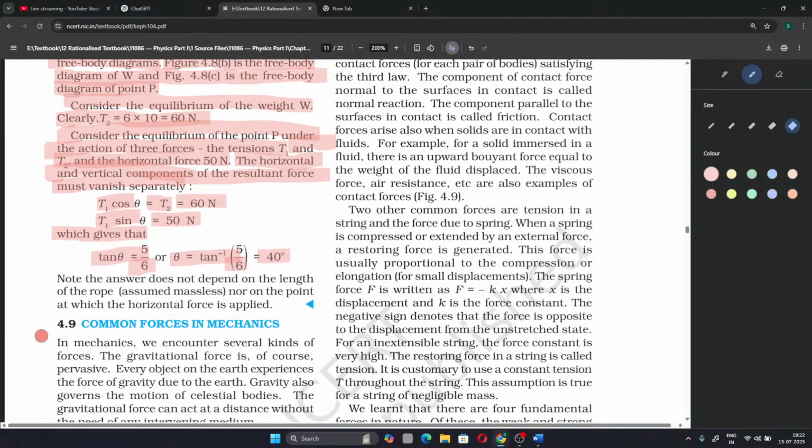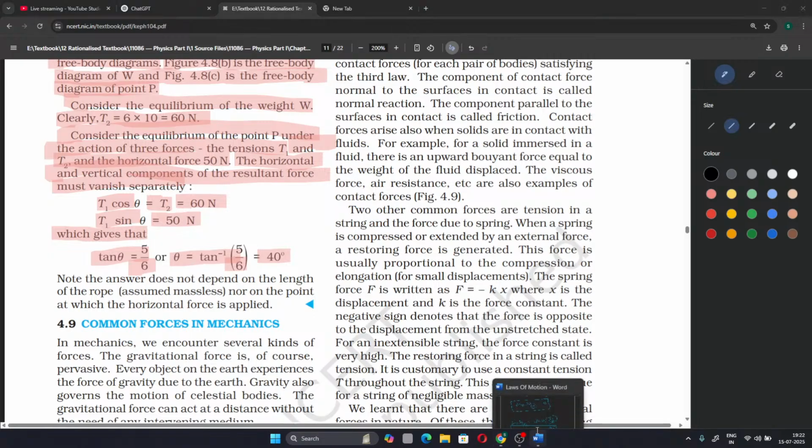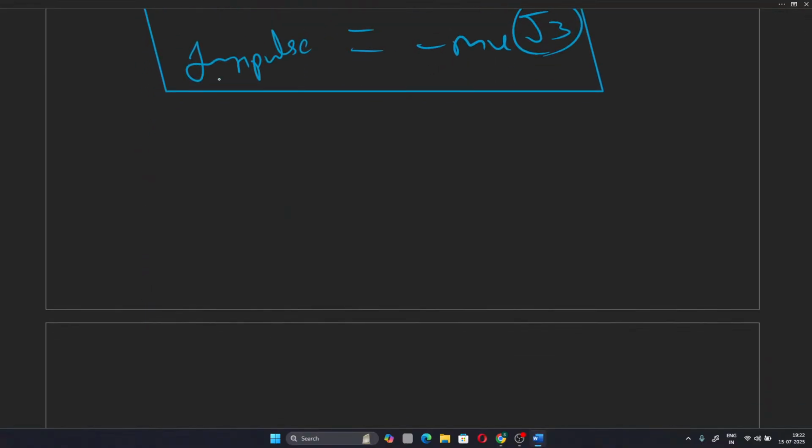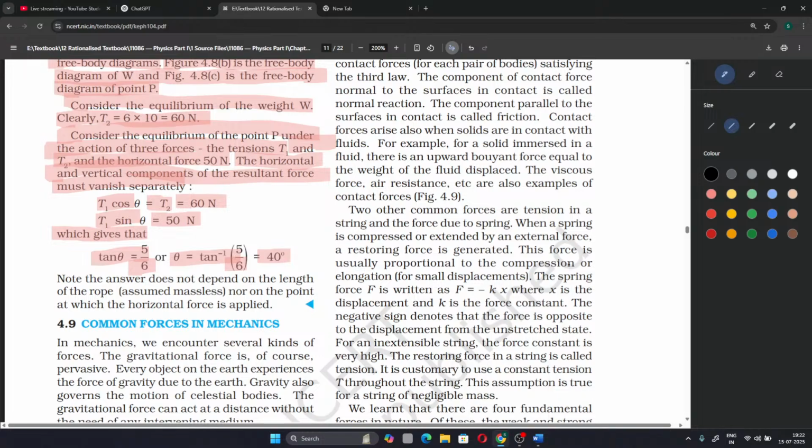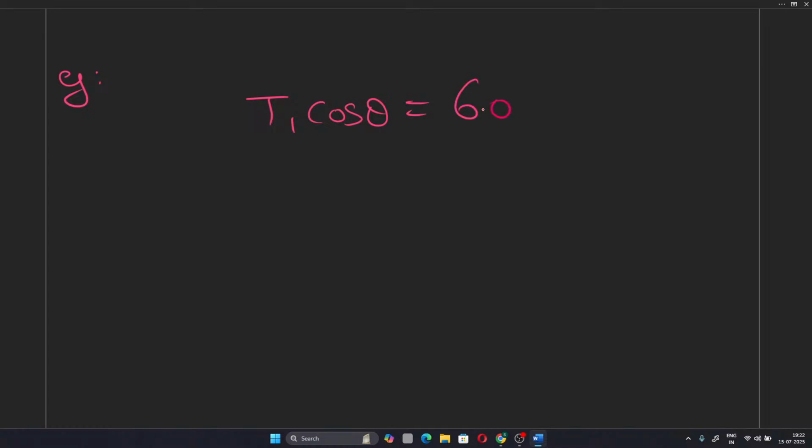Basically, they divided this. We know that T1 cos theta equals 60, and T1 sin theta equals 50.